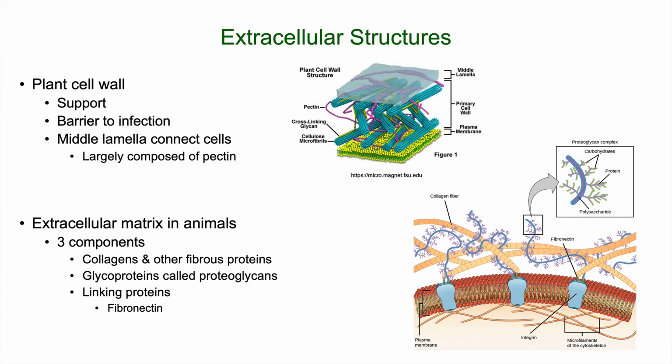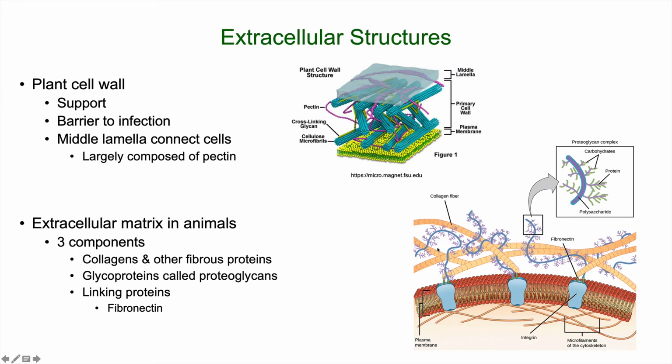Animal cells, if they're going to stay connected to each other, it's not going to be as tight a connection because the animals need to move. And so they're going to have this glycocalyx on the outside, which we've looked at before, with long collagen fibers and other fibrous proteins. Then they're going to have glycoproteins and proteoglycans, which are attached to the plasma membrane and weaving in amongst the collagen fibers.